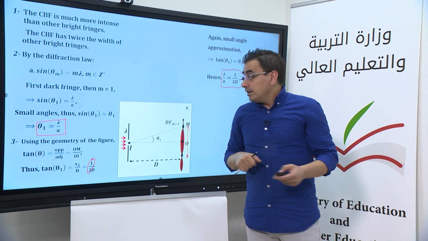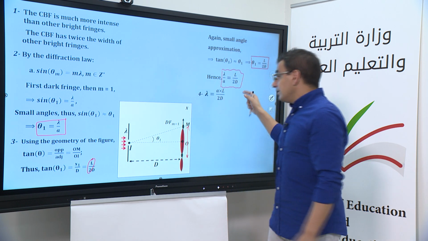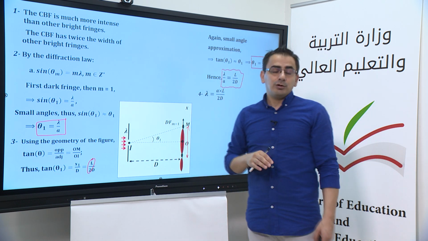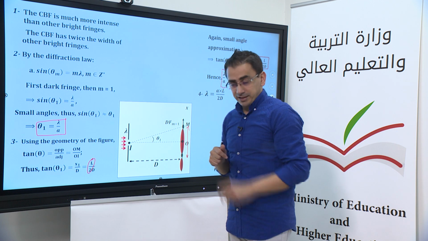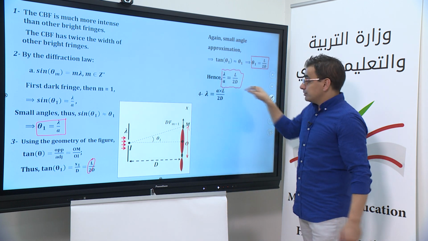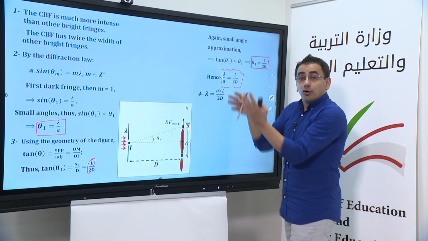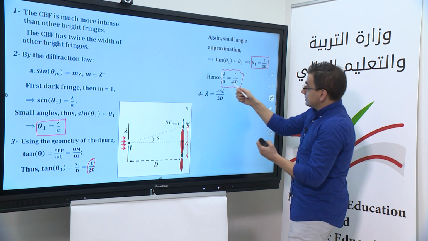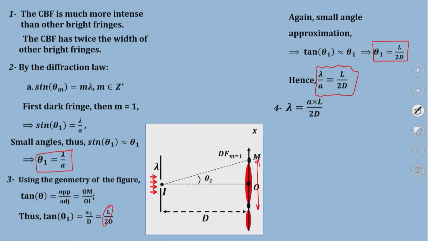Last part, given L, find the value or verify the value of lambda if I'm not mistaken. So I went to this equation, I regrouped it, reordered it. Lambda equals A times L over 2D, replacing values. A is 0.3 millimeters, so directly I multiplied by 10 to the negative 3.